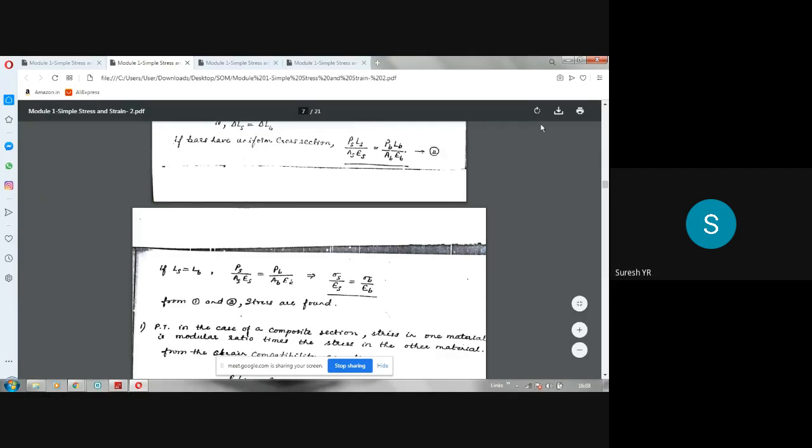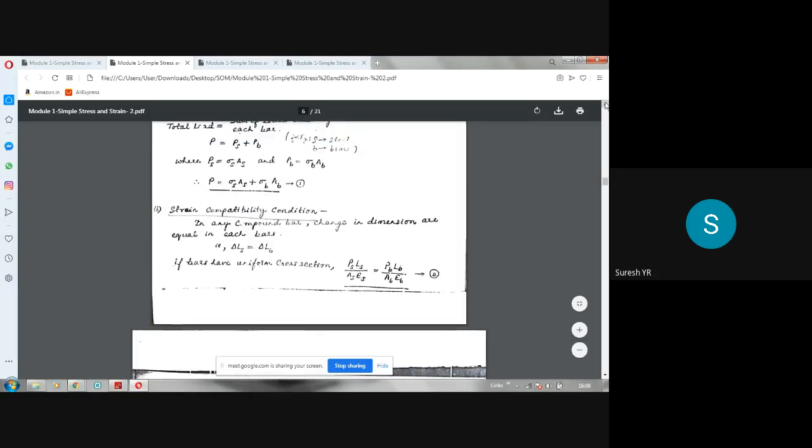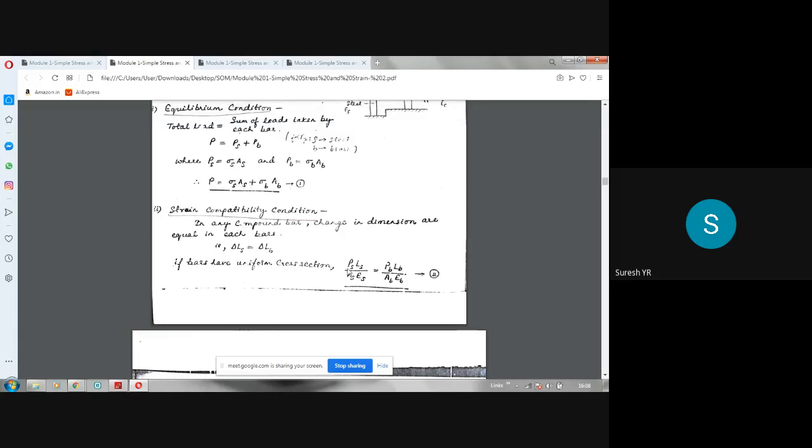When you use these two conditions, equilibrium and strain compatibility, you can find out the stresses in the bars. Sigma_S and sigma_B can be found. You will know the total load P, A_S and A_B will be given, E_S and E_B will be given, and L_S and L_B you will also know. So the unknowns are sigma_S and sigma_B, the two unknowns.